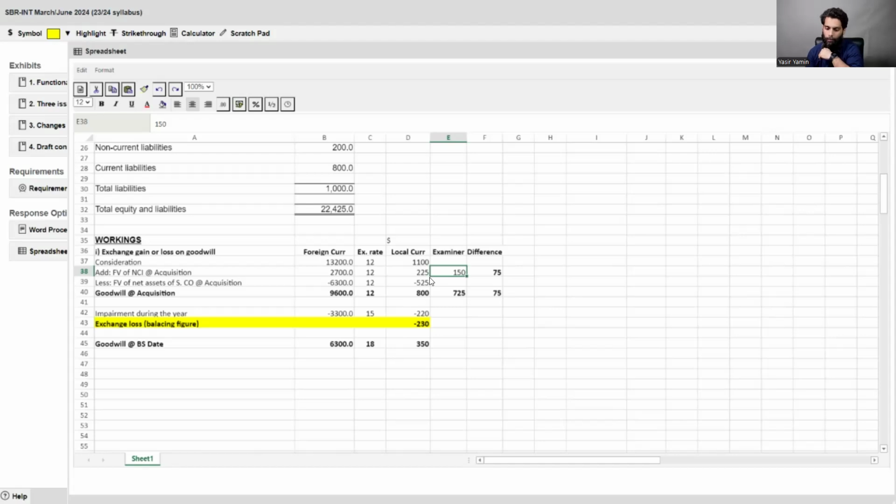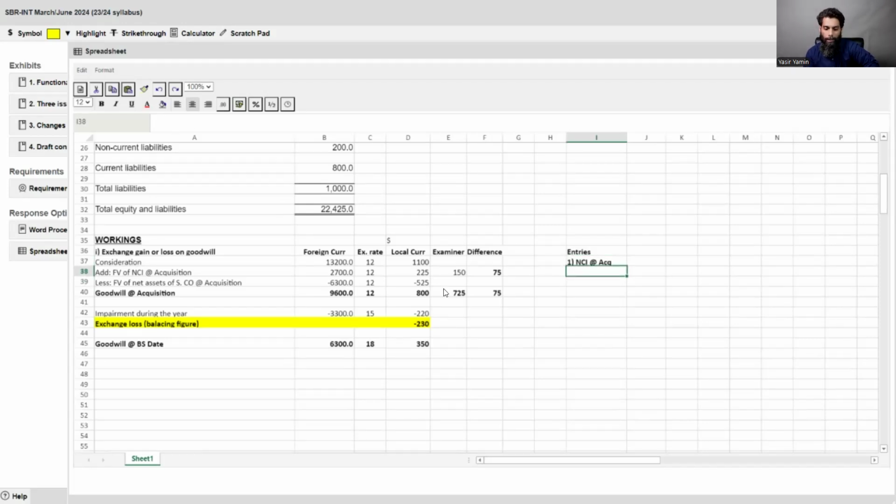Can anybody tell me what should be the correcting entry for this? I'll write entries here. First entry is about NCI at acquisition.